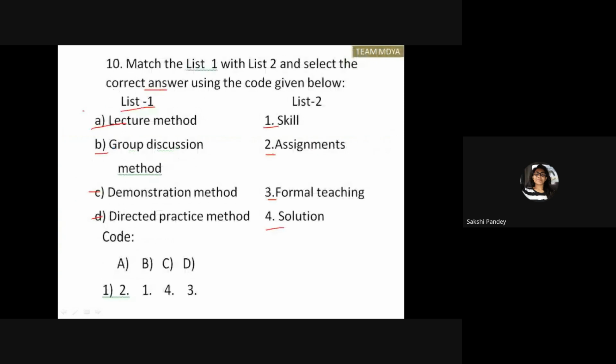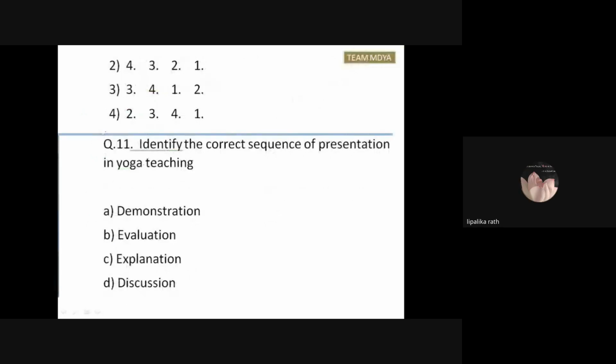Okay, tell me about the third. Ma'am, option 3. But I can match it, though this is taking a little bit of confusion.